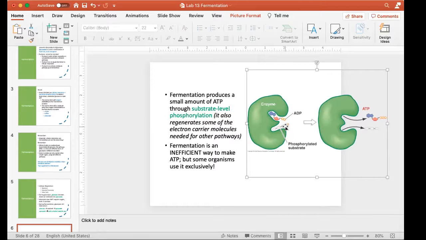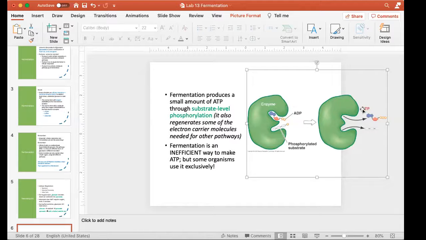So during substrate level phosphorylation, this enzyme is going to take this substrate and turn it into a product. And along the way, it's going to take the phosphate group off of the substrate and add it to ADP, so that ATP is also made.